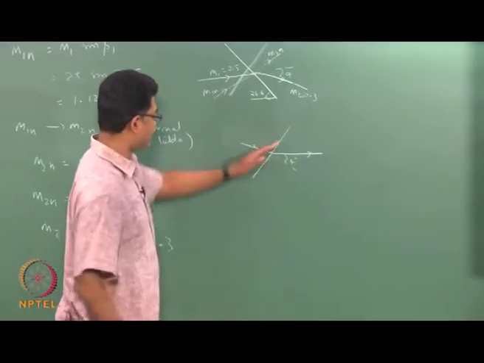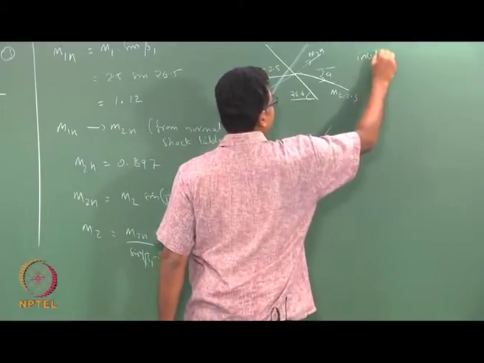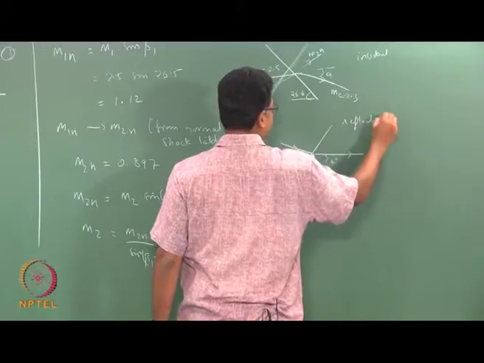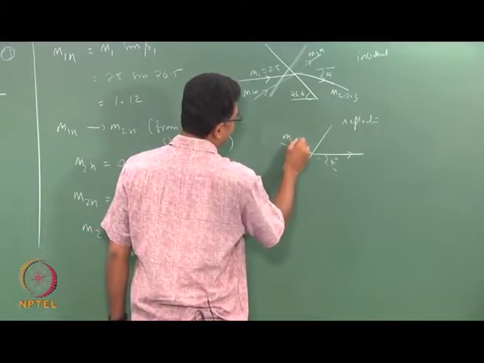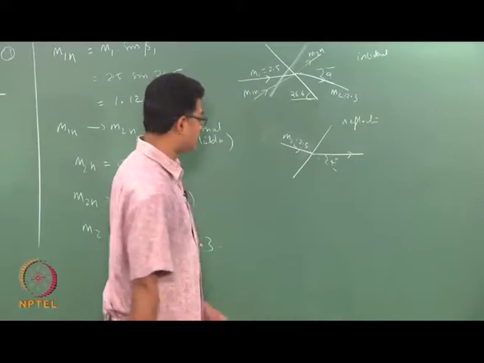This is the second shock wave, so this is the reflected shock wave. This is the incident shock, this is the reflected shock. So this M2, now 2.3, is turned by 4 degrees.